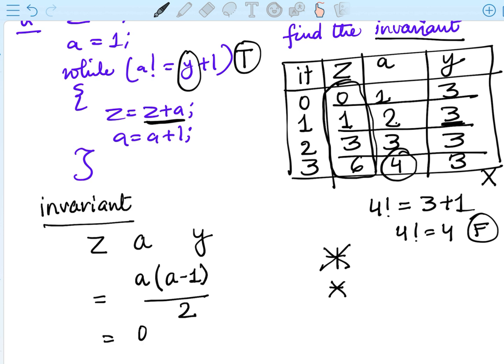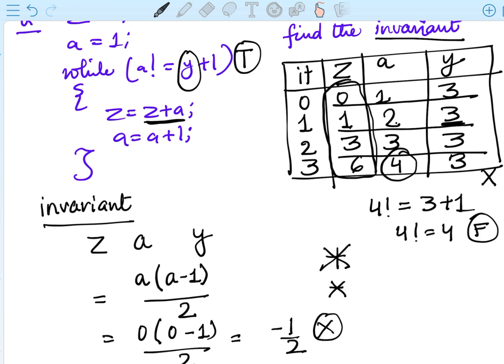So 0 minus 1 by 2 equals minus 1 by 2. Is it holding? No, it is not holding. Okay. Now what will we do? Here we see that there is a problem. No invariant is holding. Now we will try something else.